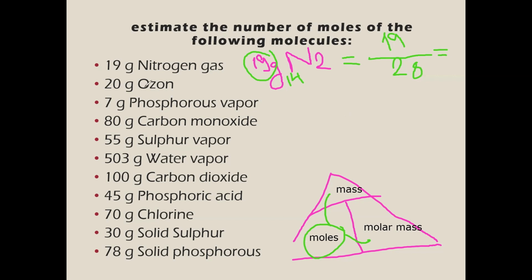20 grams of ozone. Ozone is O3. How many moles of O3 in 20 grams? So we will calculate it, mass over the molar mass, from the triangle. The mass is 20, and the molar mass is, oxygen is 16, so 16 times 3, which is 48.